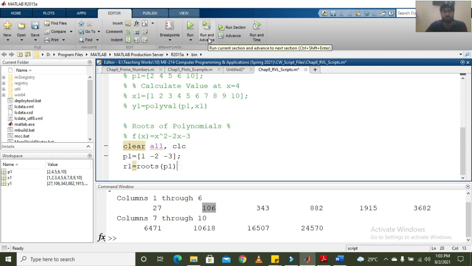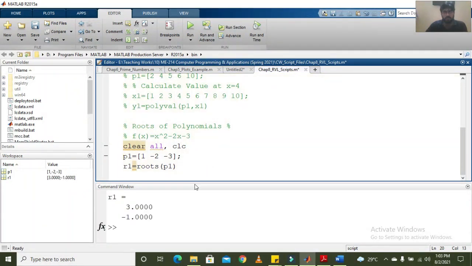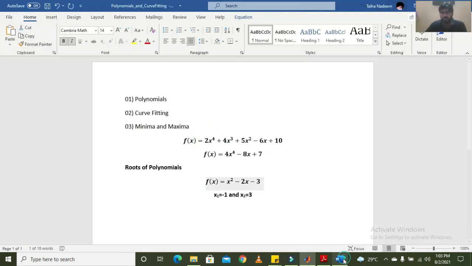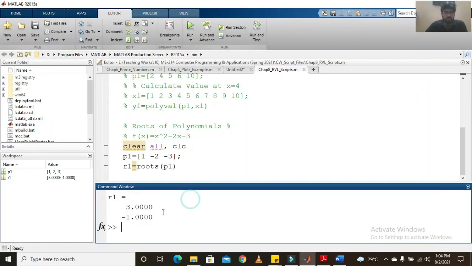I will run it, and here you can see the roots. As I mentioned, for this polynomial I get two roots: the first is x equals -1, and the second root is x equals 3.